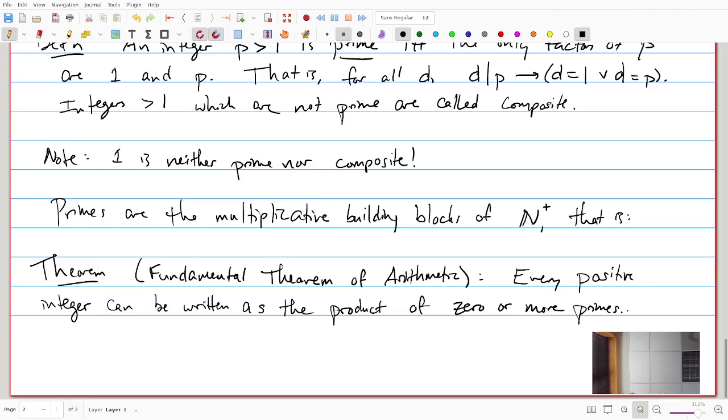So maybe this raises the question for you. What is the product of 0 primes? Any ideas what that means, or why I said 0 or more?